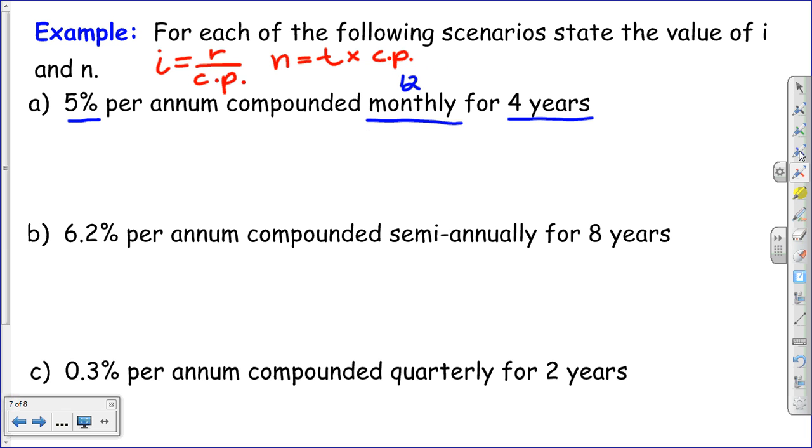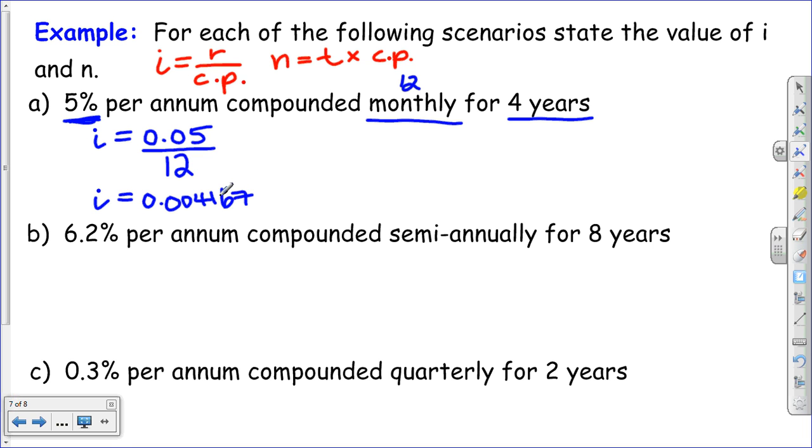Okay, so I is going to be the rate as a decimal, 0.05. Remember to do that, you just take your rate as it's given and divide by 100. Divided by the compounding period, which is monthly, so it's 12, and then you just get your calculator and do that, and the answer there is 0.004167.